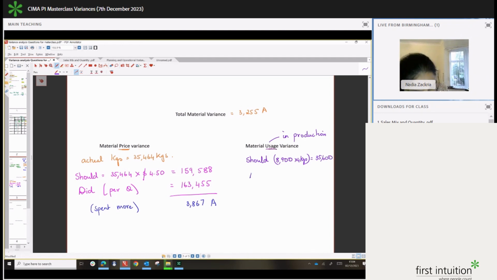How much did we actually use? This is always going to be as per our question. Whatever we go out and buy, we assume that we use in our production, which was 35,464.